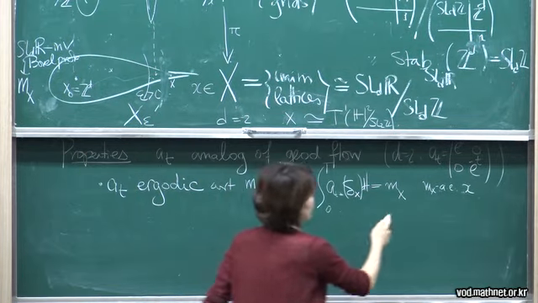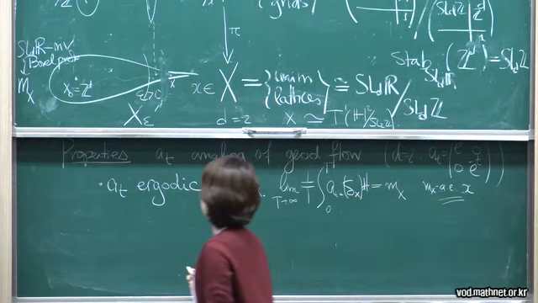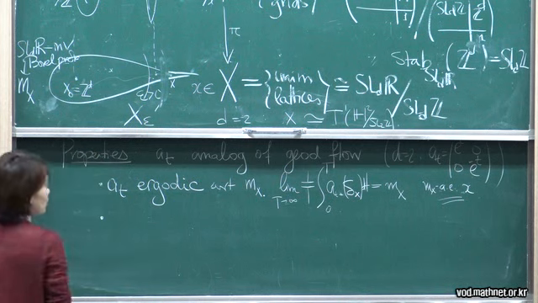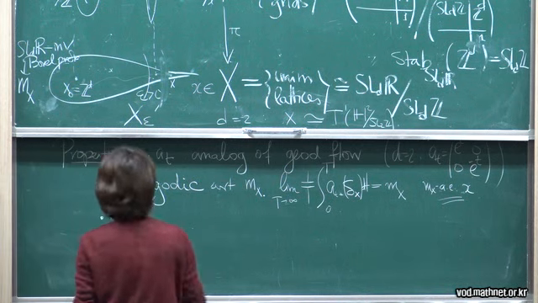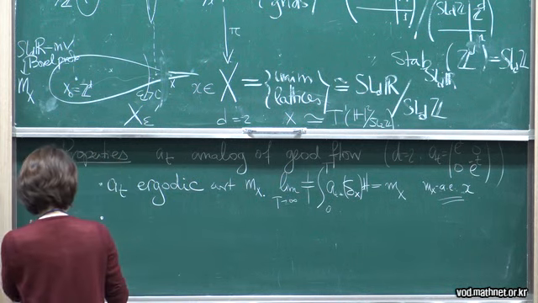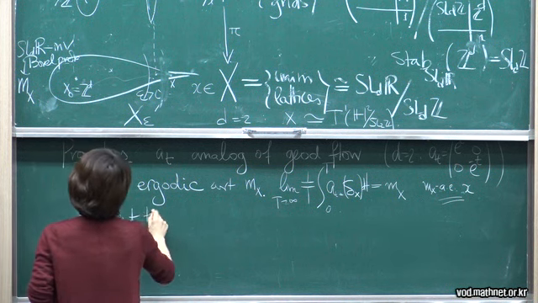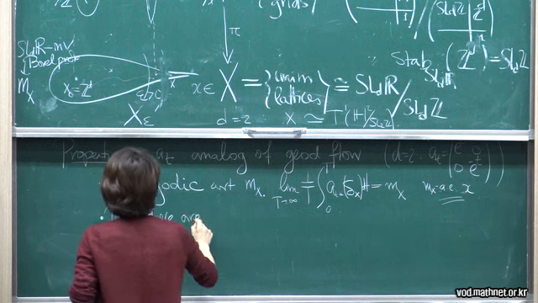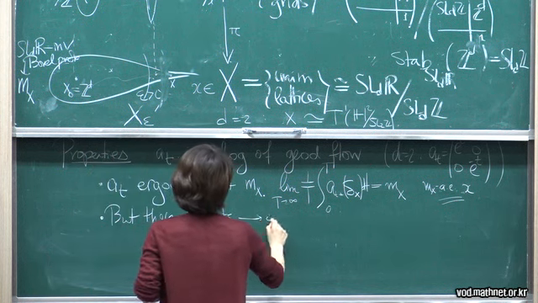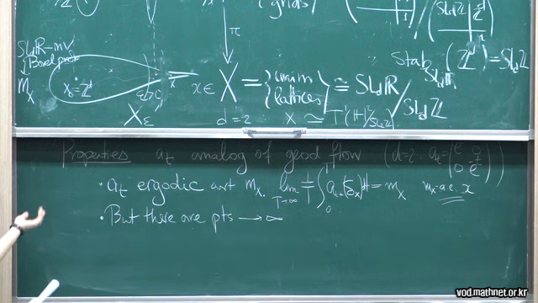But of course, this is only for almost every x. So there are exceptional ones that do not belong to almost every x. There are points that go to infinity, for example.